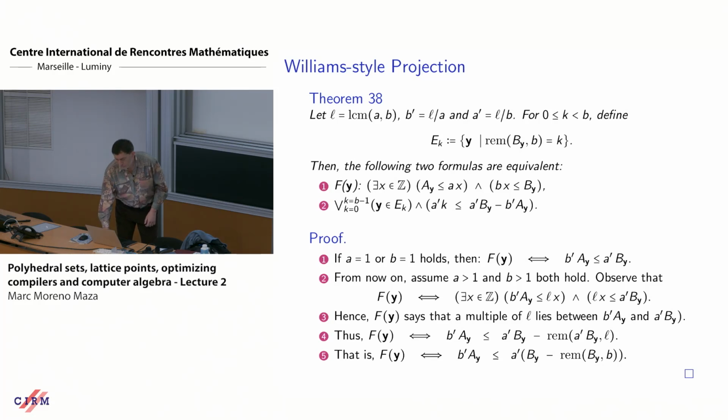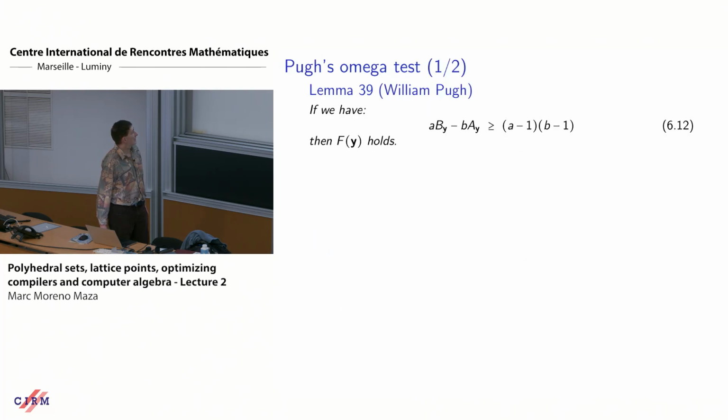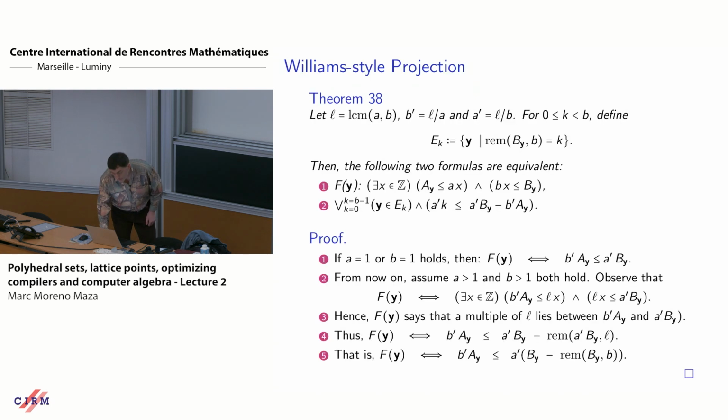So fortunately, there is a very important trick to significantly reduce the number of these cases. And that's what is called the omega test, due to William Pugh. So this is a sufficient condition for our interval to have integers. So again, the same interval that we are looking at here.